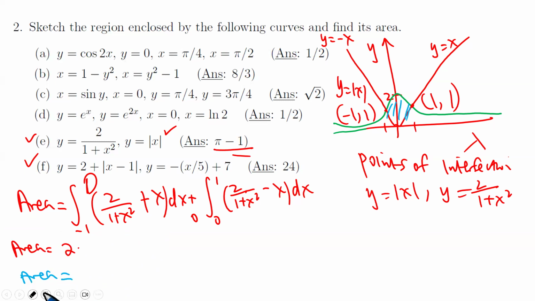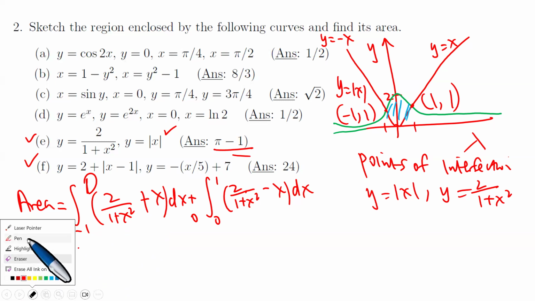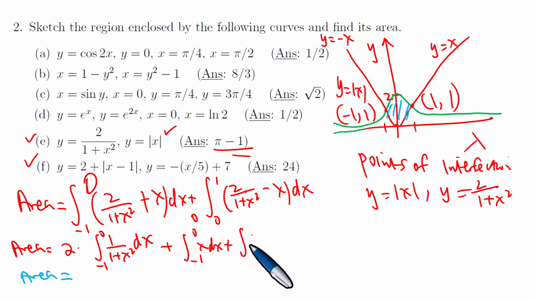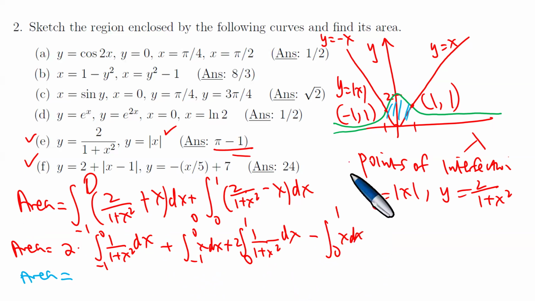You can write it like this: 2 times the integral of 1 over 1 plus x squared dx from -1 to 0, minus the integral of -1 to 0 of x dx. Then 2 times the integral of 1 over 1 plus x squared dx from 0 to 1, minus the integral from 0 to 1, and then in the end it becomes 2.